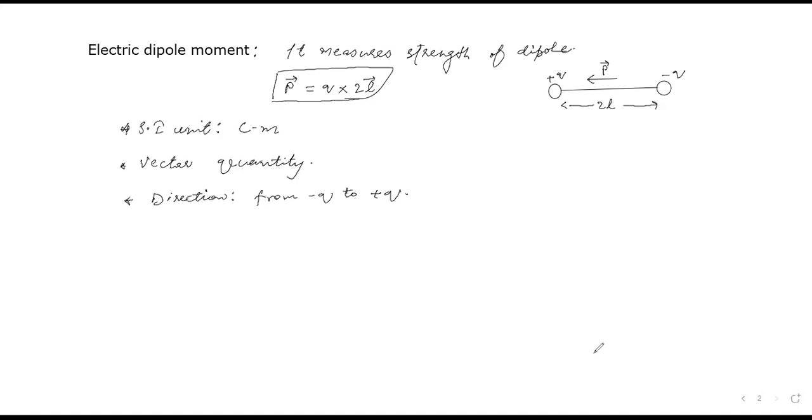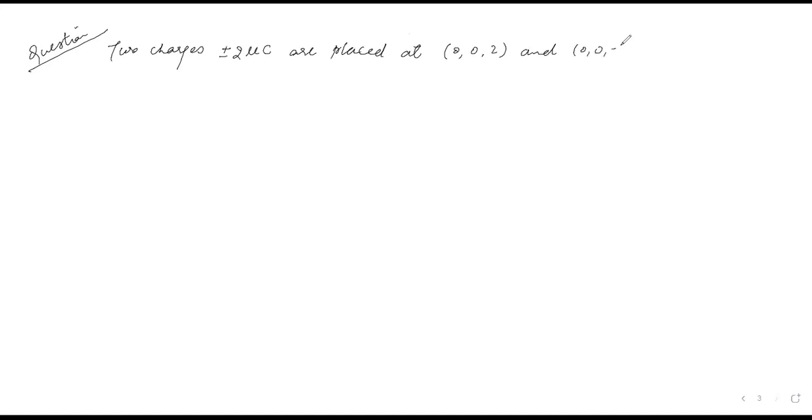And now we have a question. Note it down. The question is: two charges of plus and minus 2 microcoulomb are placed at (0, 0, 2) and (0, 0, minus 2) mm.